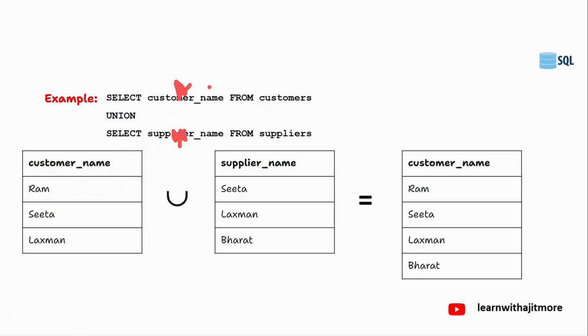Assuming in the customer table we have customer ID and customer name. So the customer ID also will come here: 1, 2, 3. And here also customer ID will come. Understanding? So now you are taking union of both these sets of columns: select star from customer, union, select star from supplier.